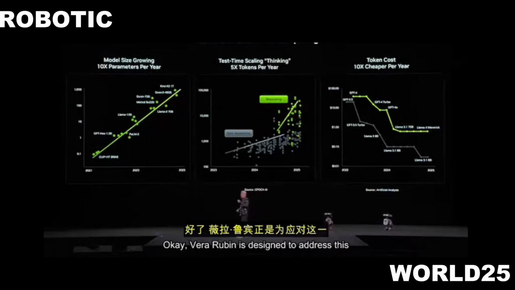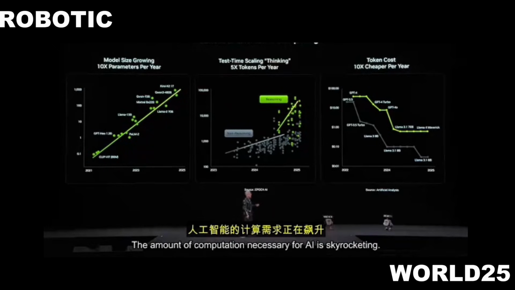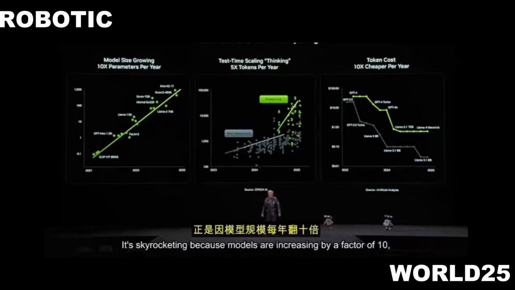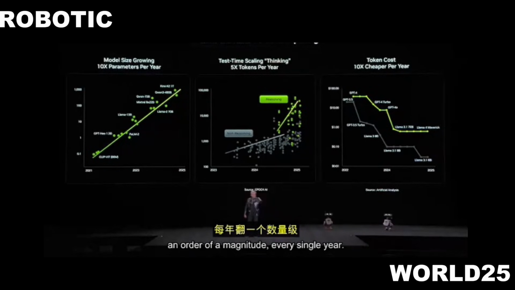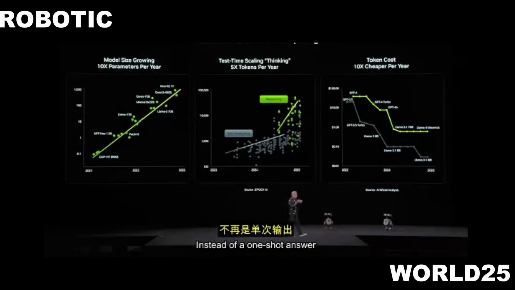Okay, Vera Rubin is designed to address this fundamental challenge that we have. The amount of computation necessary for AI is skyrocketing. The demand for NVIDIA GPUs is skyrocketing. It's skyrocketing because models are increasing by a factor of 10, an order of magnitude, every single year. And as I mentioned, o1's introduction was an inflection point for AI. Instead of a one-shot answer, inference is now a thinking process.